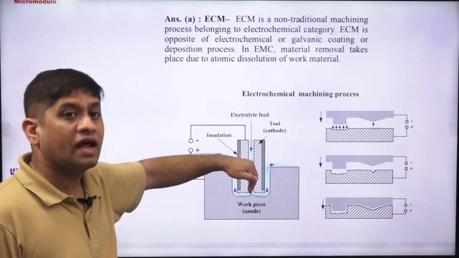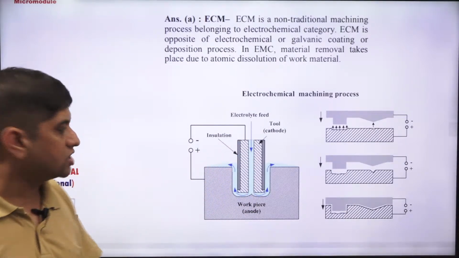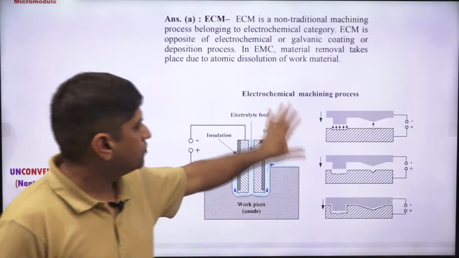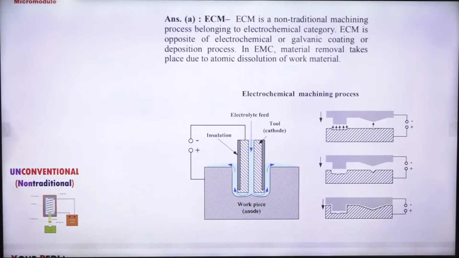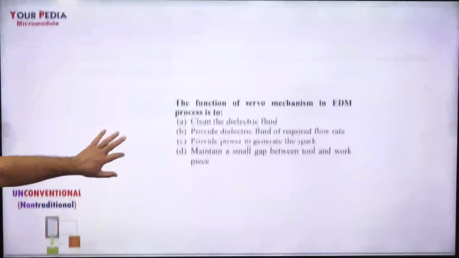Electrolyte feed is given at high pumping pressure, and it has a particular function. The electrolyte is normally sodium chloride, a very small gap is provided, ions are formed, and because of that dissolution you get the material removal.